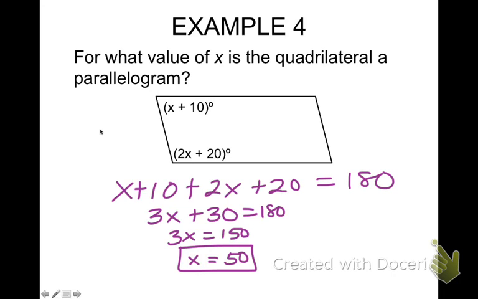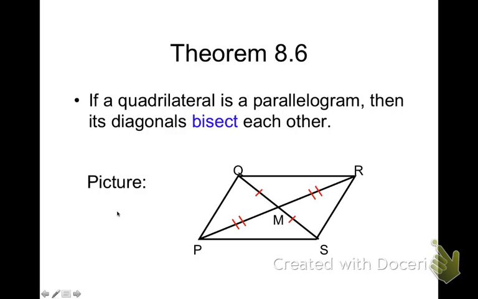All right, so we've got parallelogram: opposite sides are congruent, opposite angles are congruent, and consecutive angles are supplementary. The last thing we're going to talk about is the diagonals. If I were to create diagonals through my parallelogram, they're going to end up bisecting each other. What does bisect mean again?